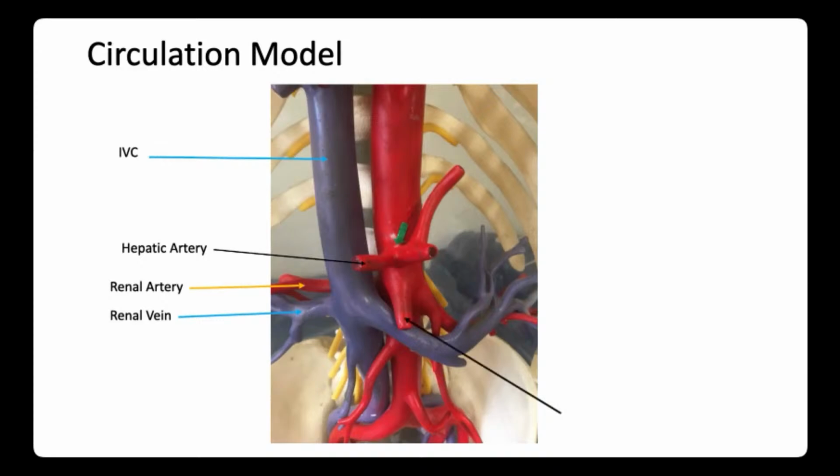What about here? You got it. Yeah. Superior mesenteric artery. And here? That's right. That's the left renal vein. What about here? Right on.